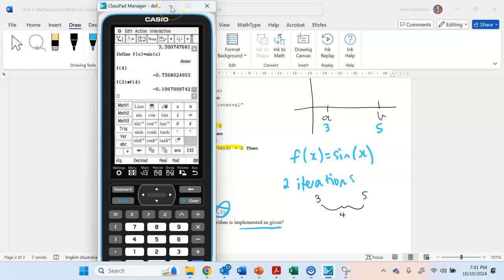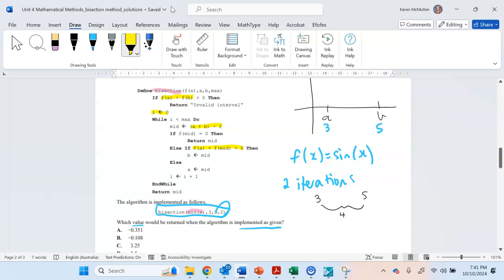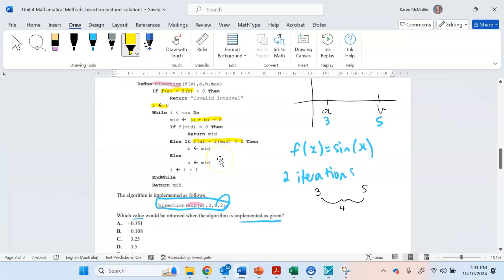We just need to know whether it's positive or negative. This one's negative. So if it returns a negative value, then b now becomes our midpoint. So we keep a as 3, and 4 now becomes our b.